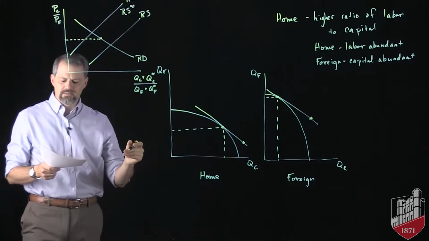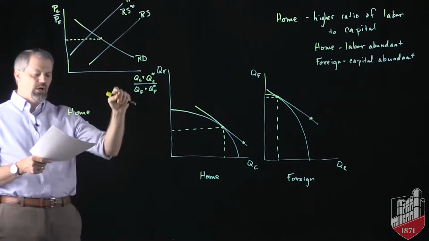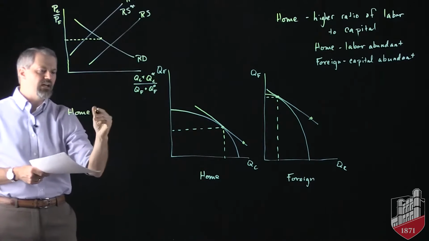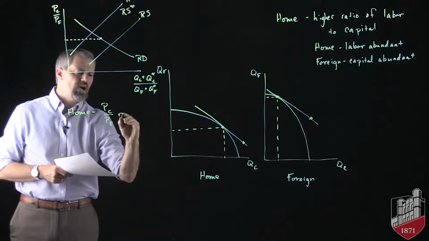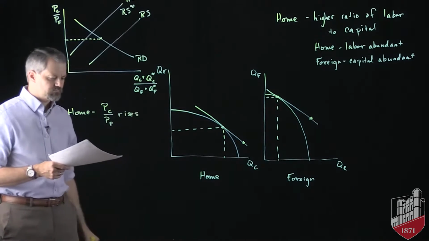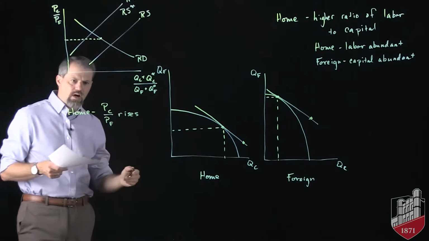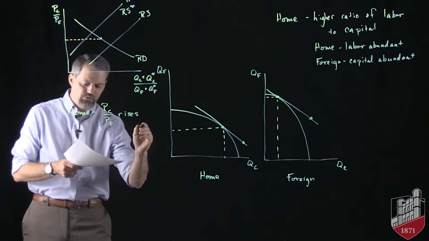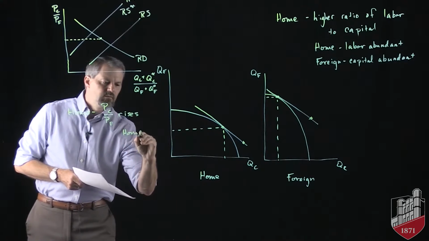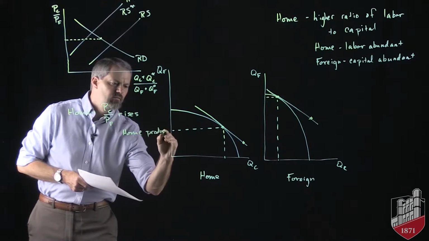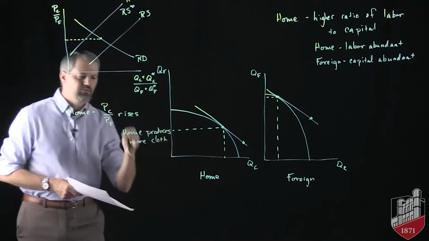What we get then is that in home, the relative price of cloth is going to rise. We know that home is going to produce more cloth compared to food.